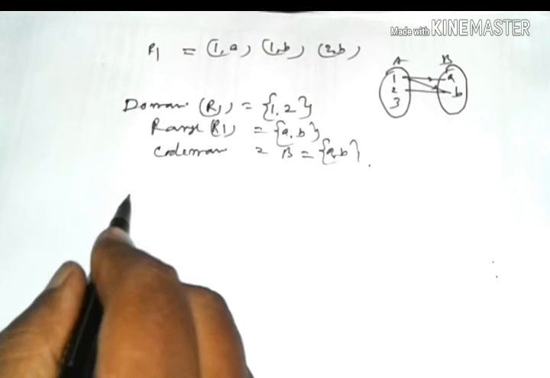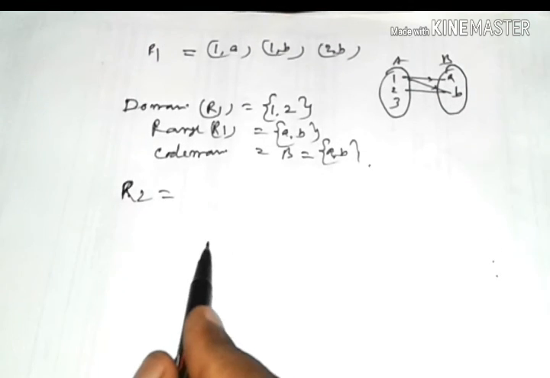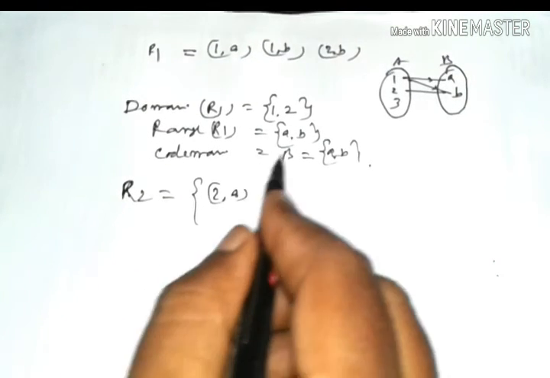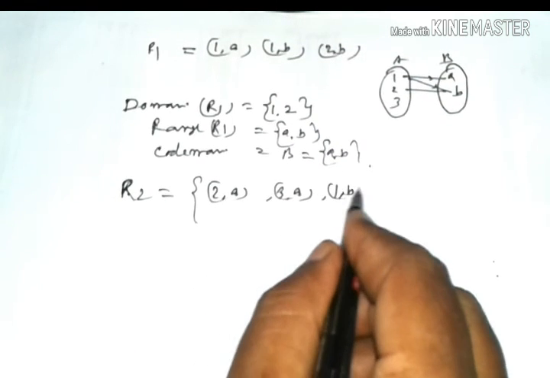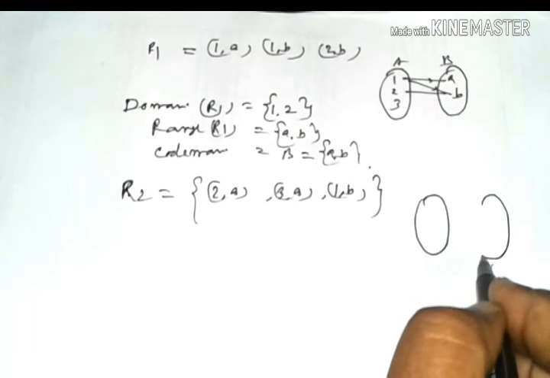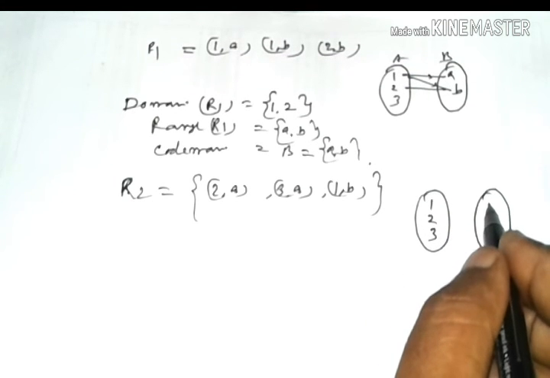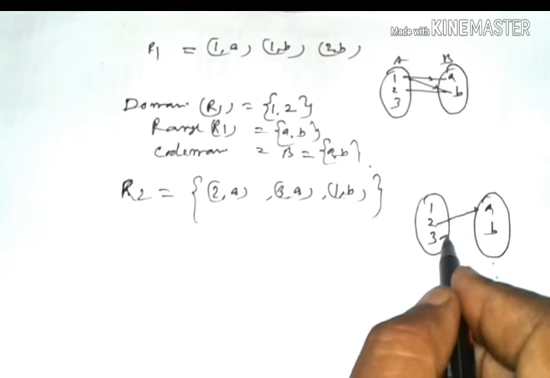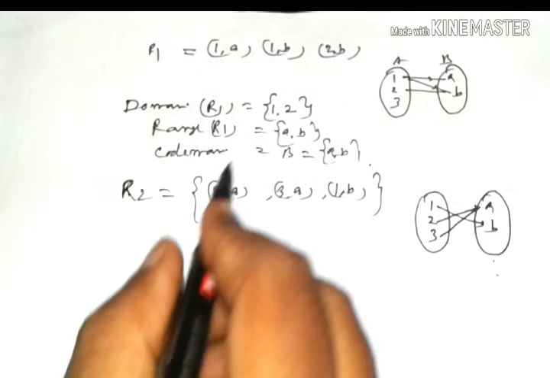In the example R2 above, R2 is a relation. We take 2a, 3a, 1b, and the diagram related to this is here. The diagram we drew was 1, 2, 3, a, b. 2 is related to a, 3 is related to a, and 1 is related to b.